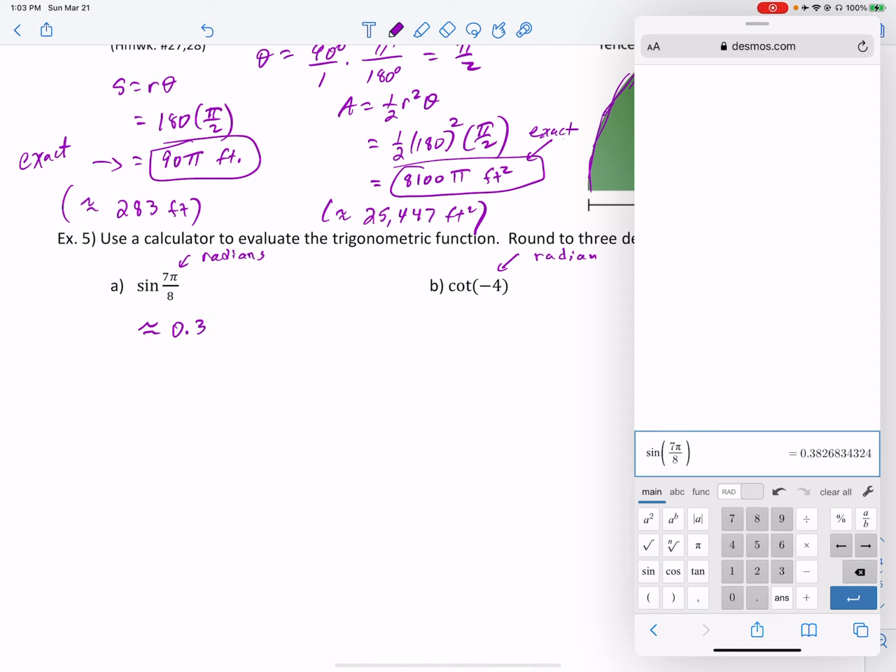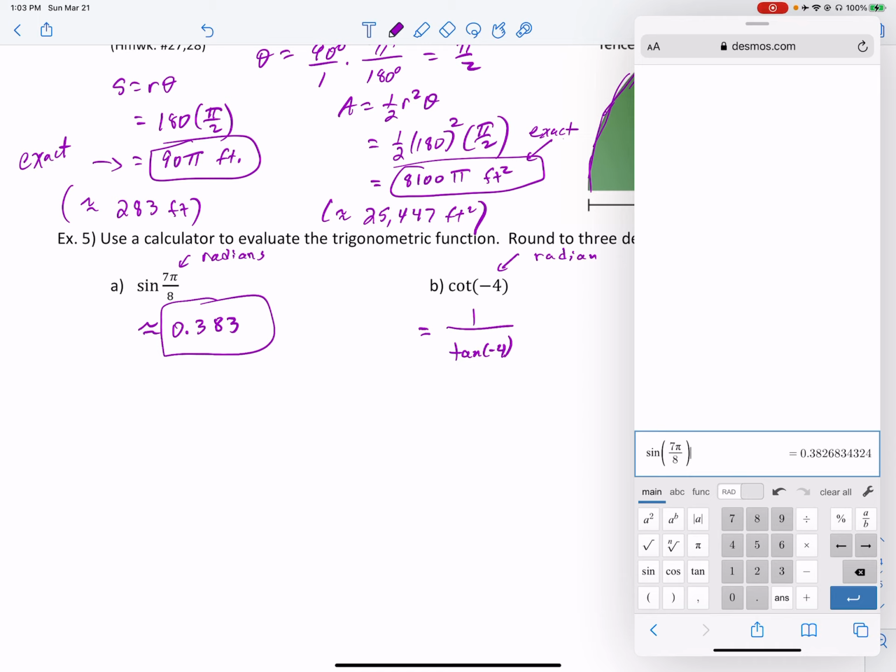0, go to 3 decimal places. When you get to AP Calc, they have you round, unless otherwise specified, to 3 decimal places. And you have that point 383. But now, for cotangent, why I wanted to get to this is that I don't have a cotangent button. So I'm going to use the fact that cotangent and tangents are reciprocal functions.